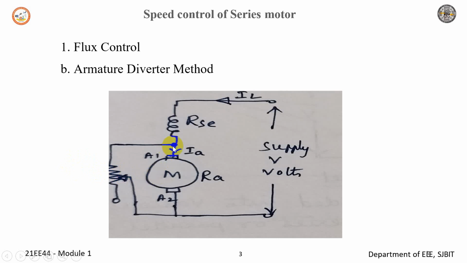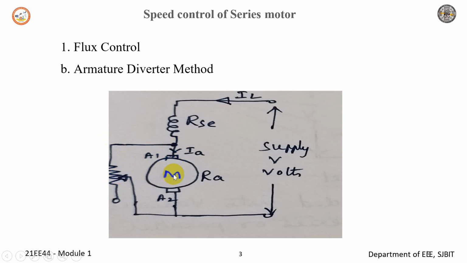Any amount of armature current can be diverted through this diverter by adjusting its value, thereby reducing the armature current. If you have a less resistance here, more current flows through this diverter and less current flows in the armature.